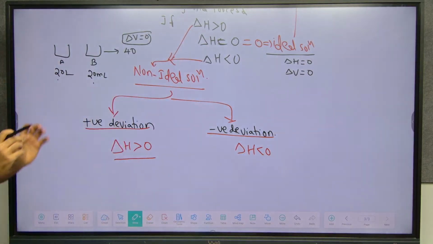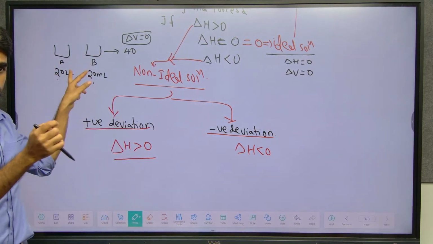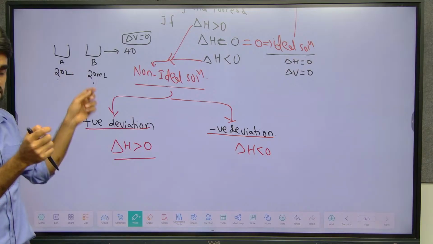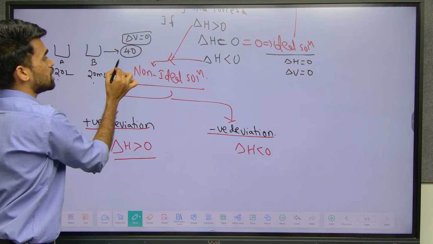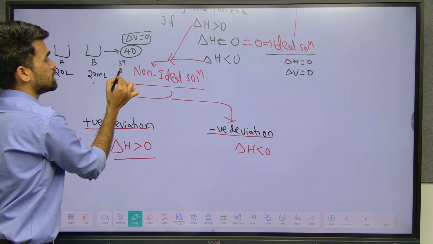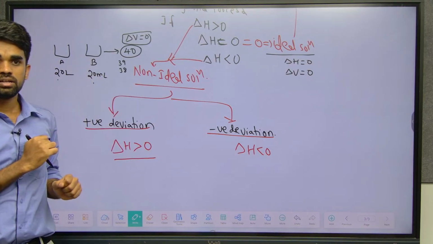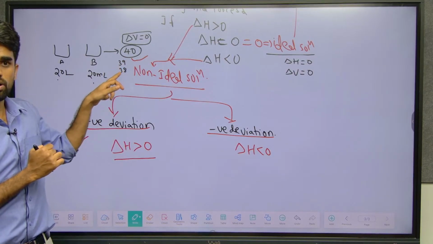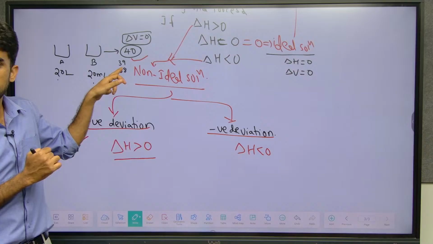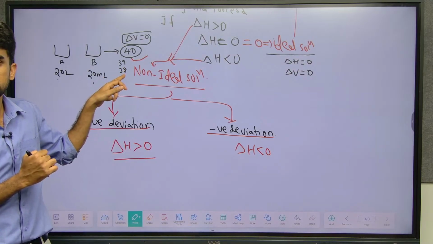Now what happens when I mix these two components A and B? Sometimes the volume, instead of 40, can be something like 39, 38. What is the resultant volume we should get? But the observed value, how much are we getting? Less than that now. So less than that, what is happening here?